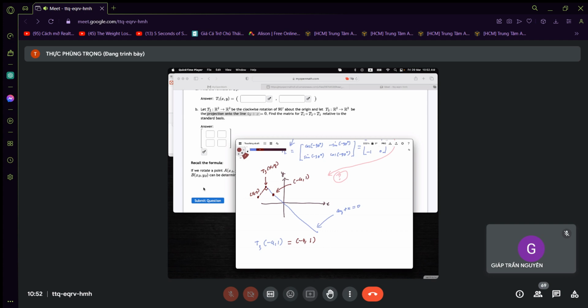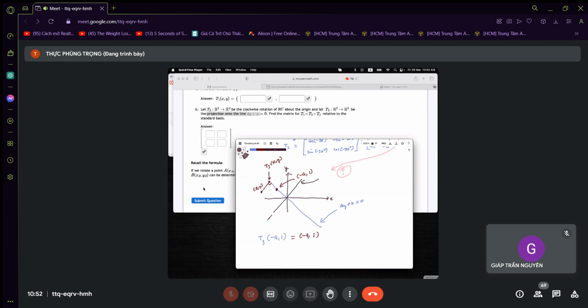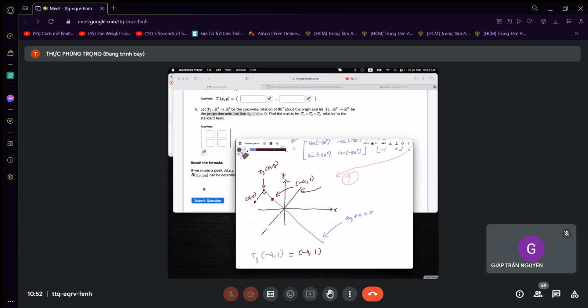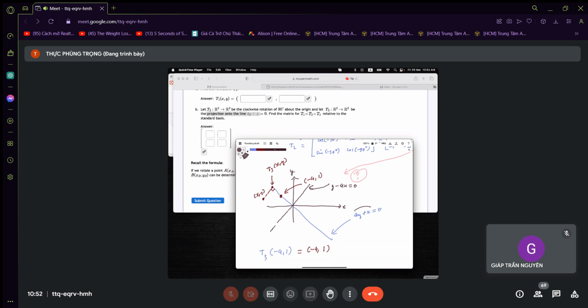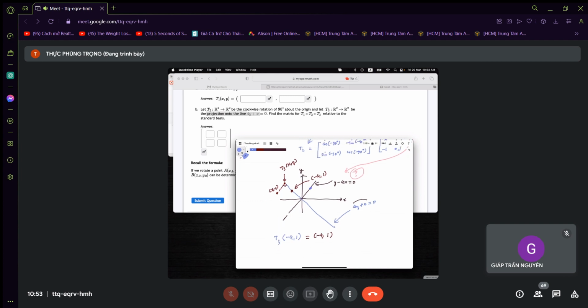Now we need one more, so again, we may look at this one. What's the equation of this? y minus 4x equals 0. Is that right? So this one you have (1, 4), and this one you have (-4, 1). Yes, that's right. Again, we can look at one point in here. So let's say we consider this one. I think this one is (1, 4).